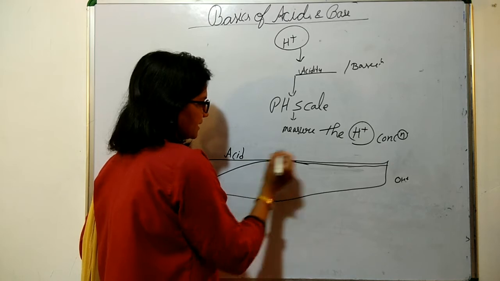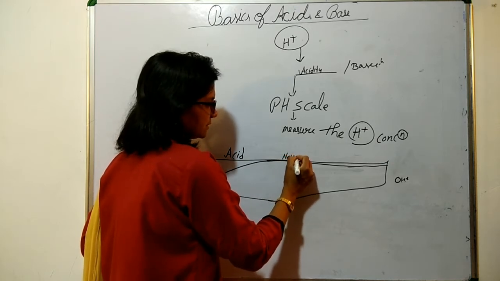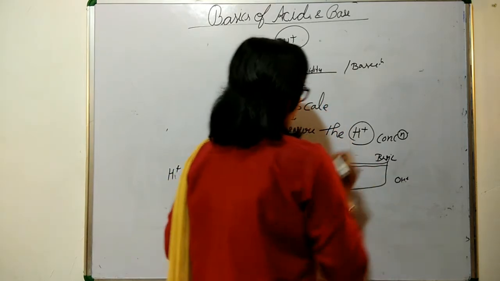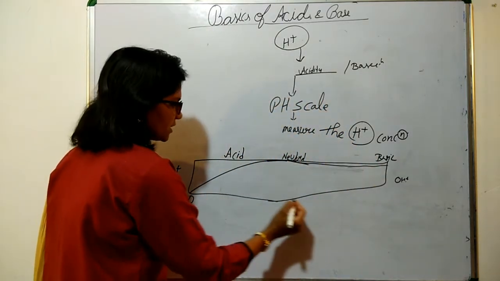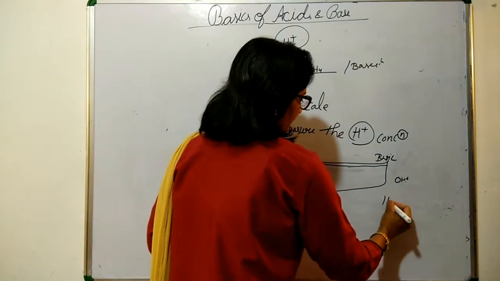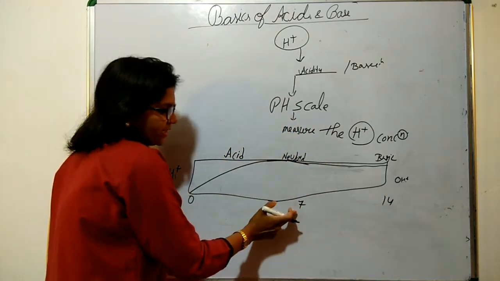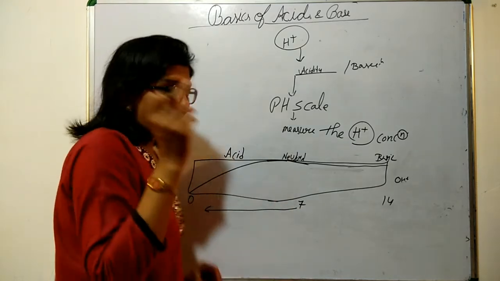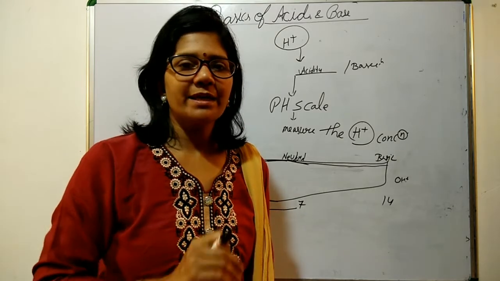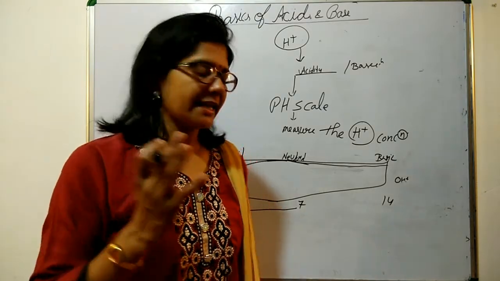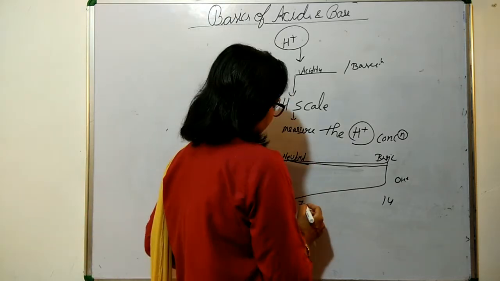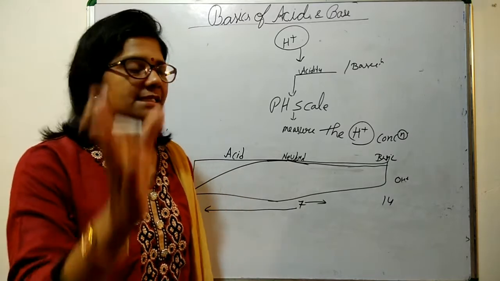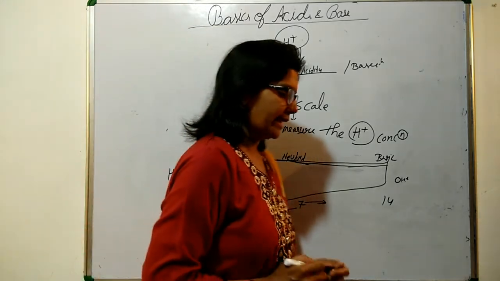It is acidic, neutral, and basic. It starts from 0, then 7, and then 14. If the pH of anything is less than 7, then it is acidic. The lower the pH, the more acidic it is, and as the pH increases from 7, it becomes more basic in nature.